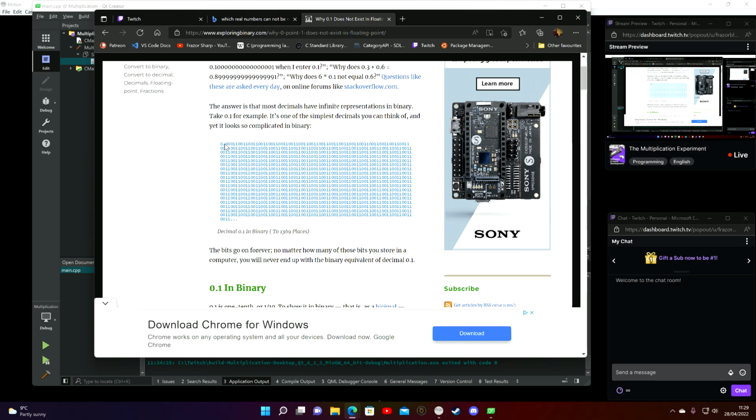Seems to be too many decimal places on it though at the start for 0.1. So I disagree with what they're showing. I think they're showing something different than 0.1. Looks a bit dodgy at the beginning there, doesn't it?